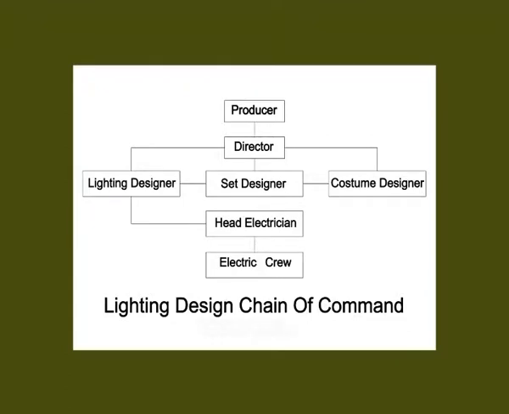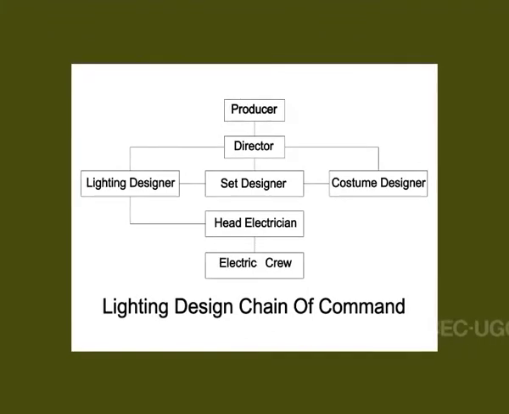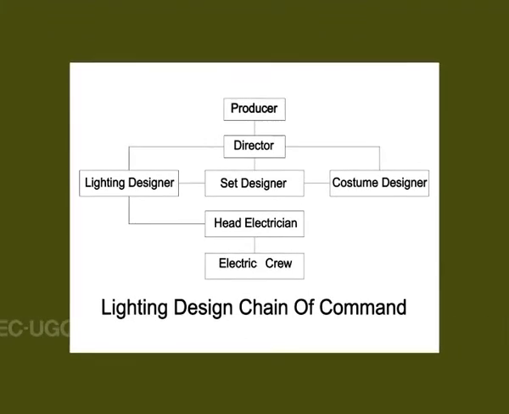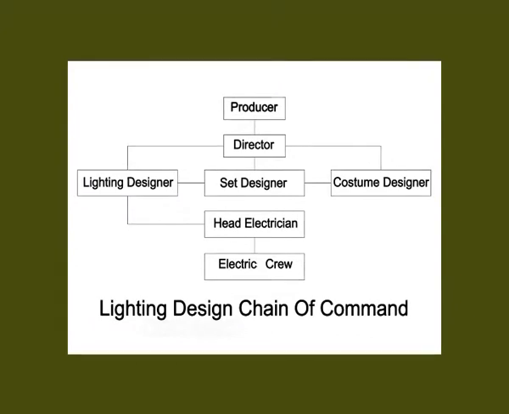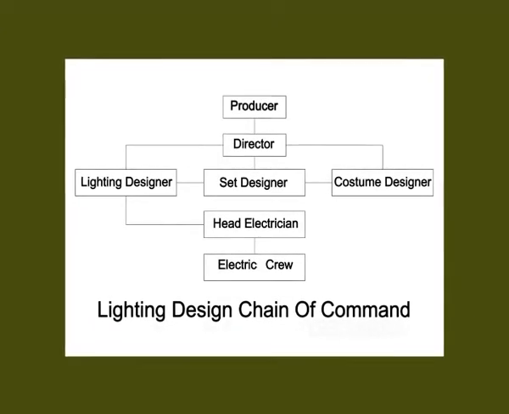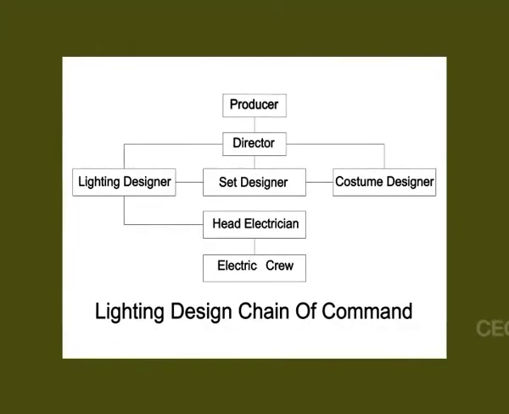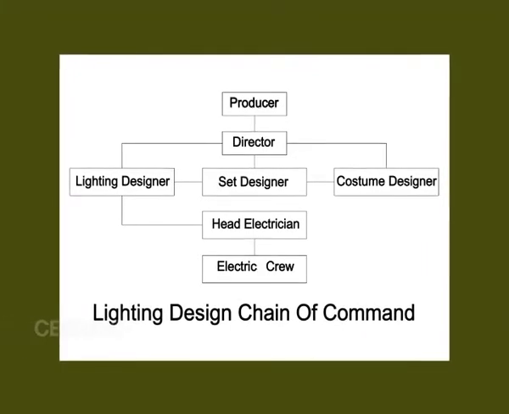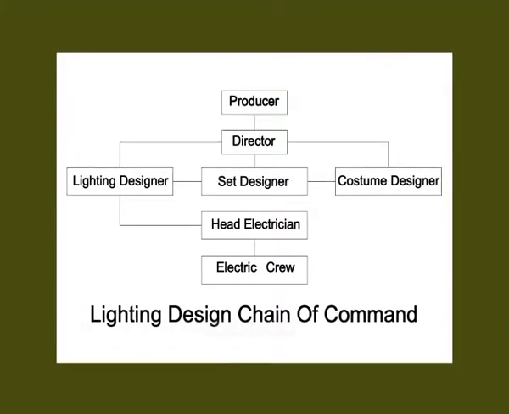Lighting design chain of command. Usually, it is the producer that is responsible for all aspects of a professional stage production. The producer may be an actual person or the producer may be an organization. The director is usually engaged by the producer.